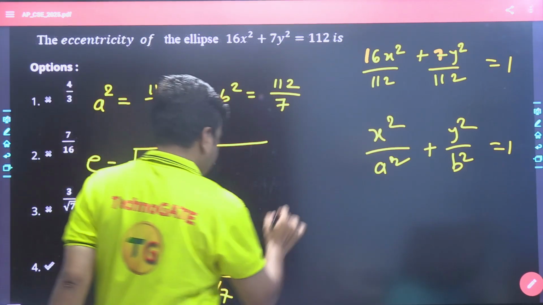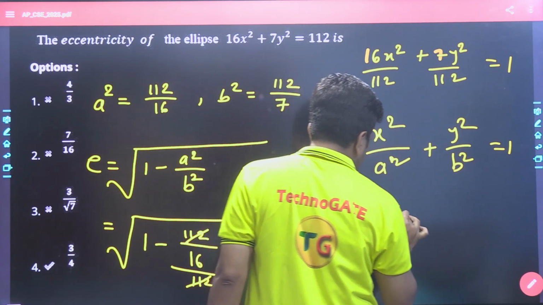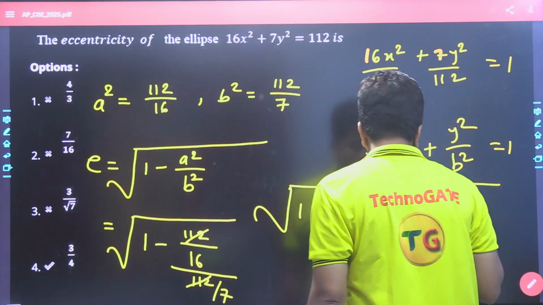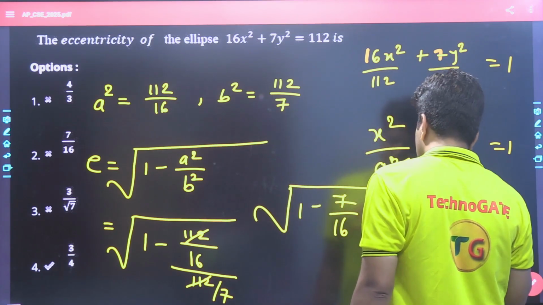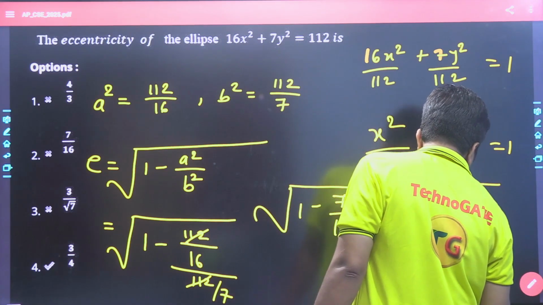So that is 7 by 16. So square root of 1 minus 7 by 16. So this is square root of 16 minus 7 divided by 16, which is 9 by 16.